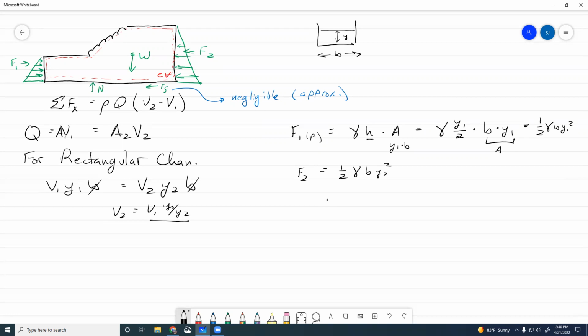So now we'll take our sum of forces in the x direction. If we say this is positive, that's going to be force 1 minus force 2 is equal to rho Q (V2 minus V1).